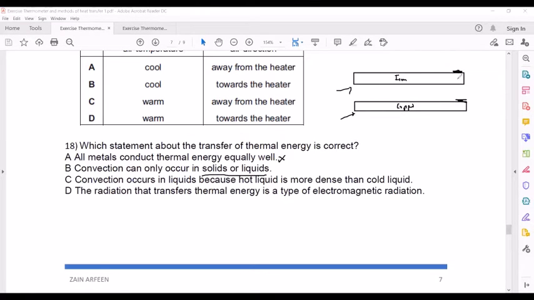This shows that they don't have the same capability of conducting heat energy. Both can conduct heat energy, but one will conduct faster than the other.